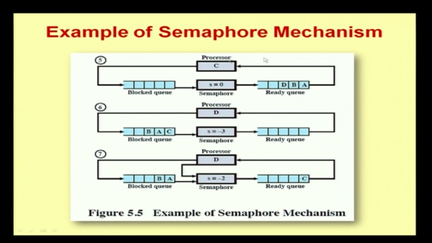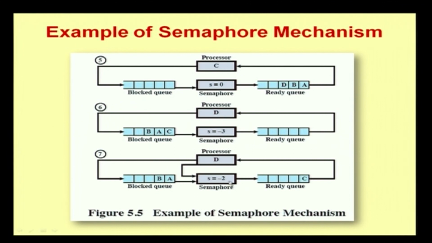Now D goes in and produces the output which is consumed by C. So here in step number 6, when D produces the output which is used by C, S becomes -3 plus 1, which is -2. Then again D has to produce an output for A to use it.